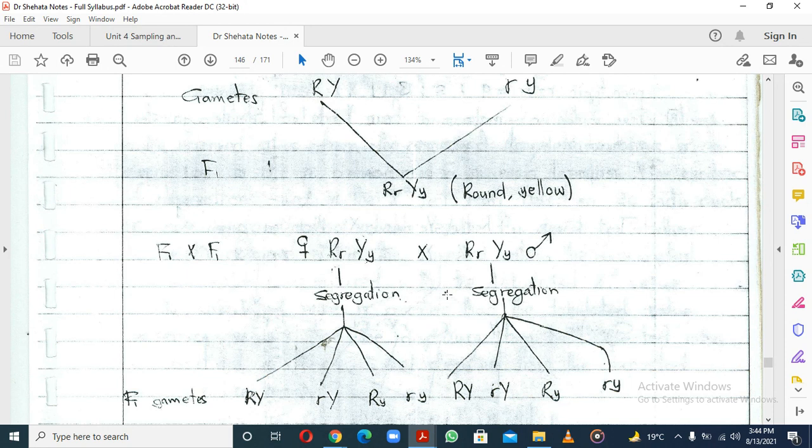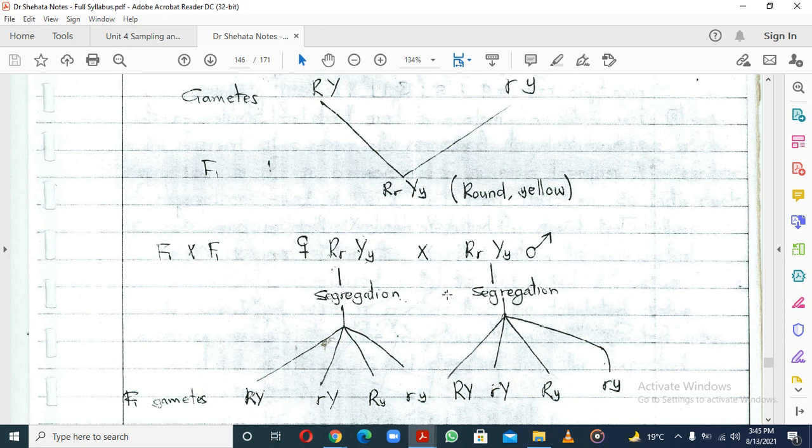For the first part, some people can even do a cross for this one, but the easiest way to think about it is to say this: the allele for the seed shape will have to go with the allele for the color, isn't it? So it can either be capital R and capital Y.